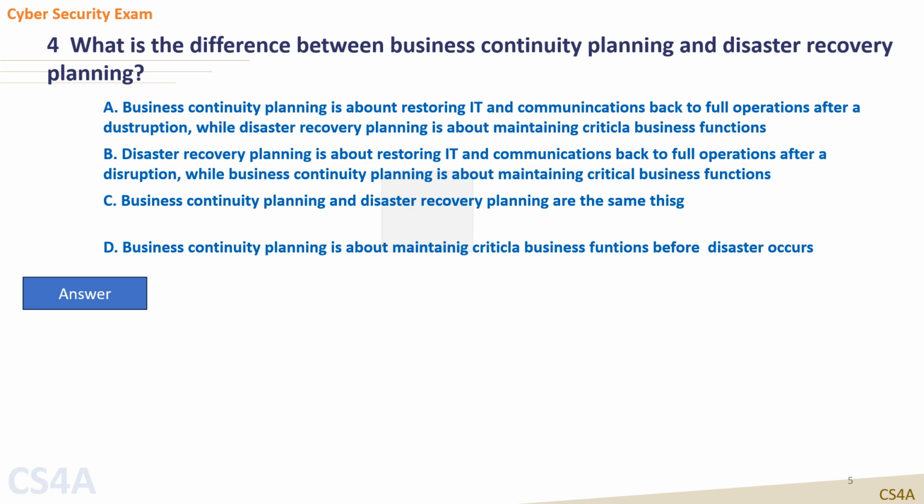And option B is disaster recovery planning is about restoring IT and communication back to full operation after a disruption, while business continuity planning is about maintaining critical business functions. This is the correct option, because DRP is about restoring IT and communication to full operation, and BCP is to sustain the critical business functions. So that's a keyword. So option B is the correct one.